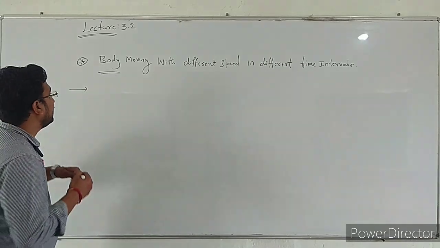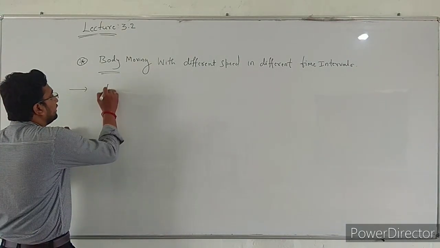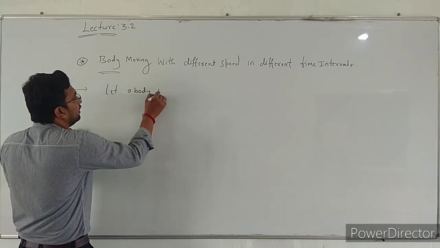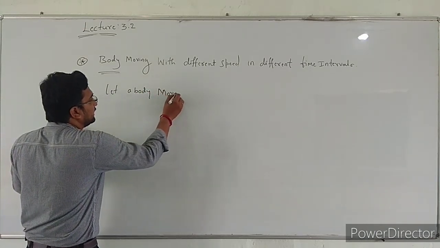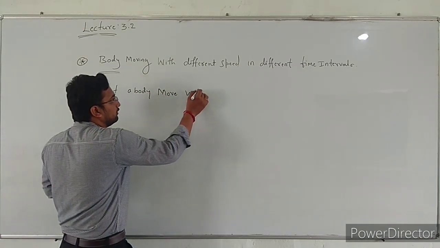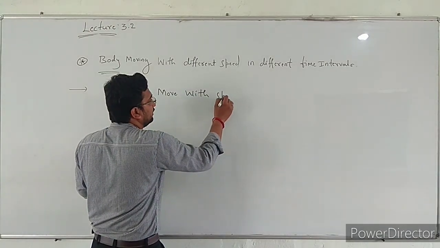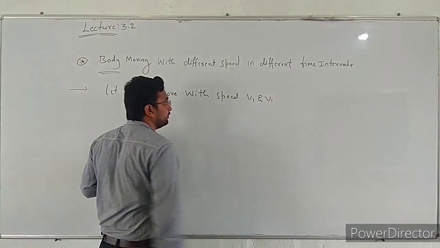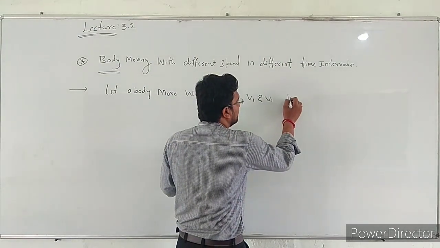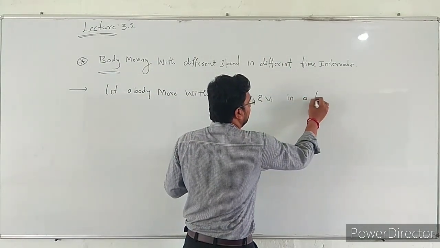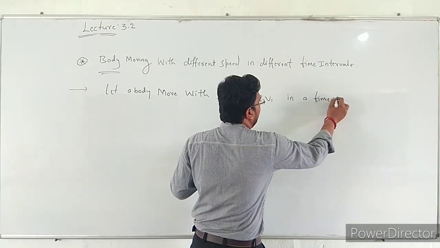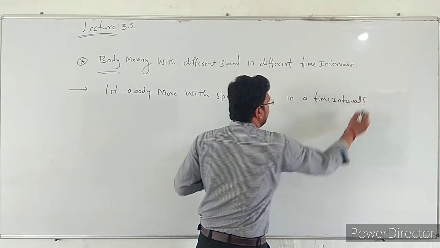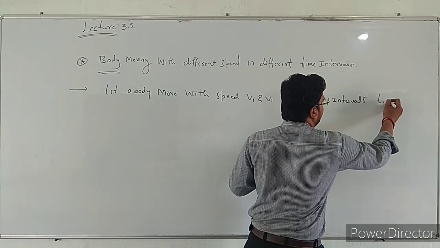So let a body move with speeds V1 and V2 in time intervals T1 and T2.